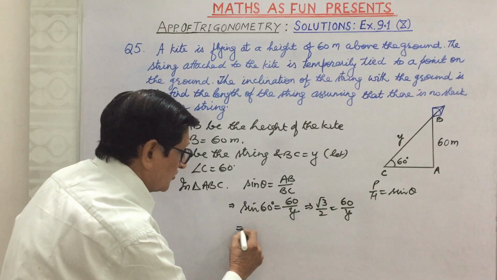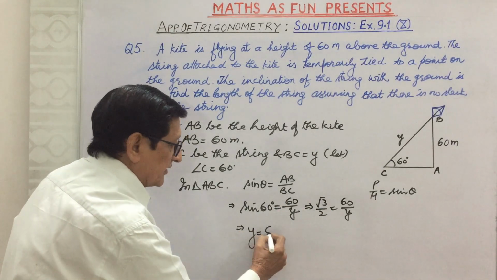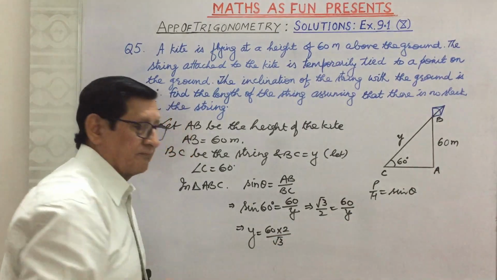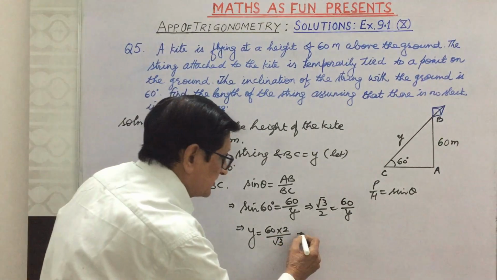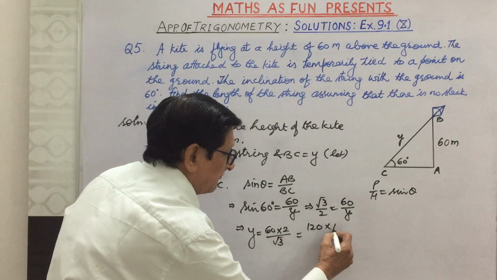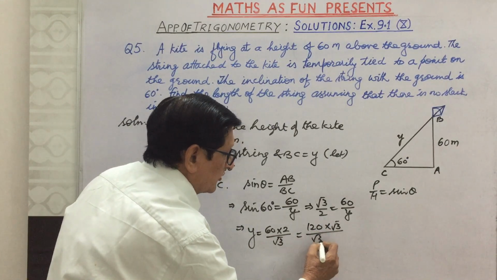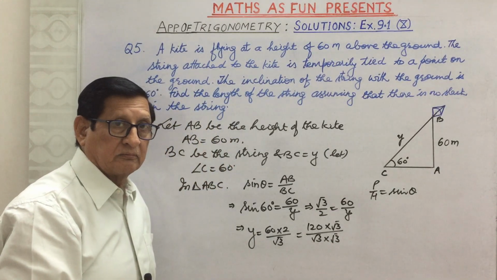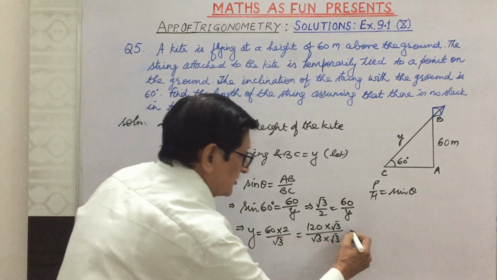Using transposition to find the value of y, we get 60 into 2 upon root 3. Using the rationalization, we get 120 into root 3 upon root 3 into root 3. Root 3 into root 3 is 3.